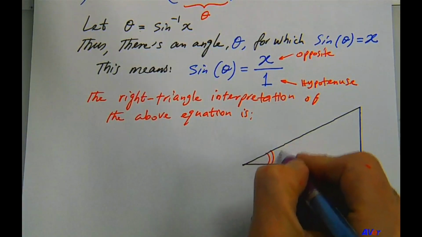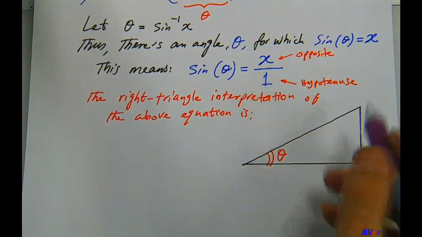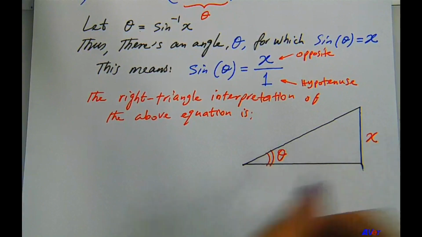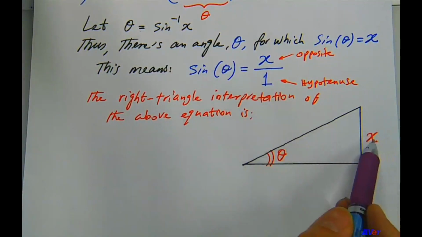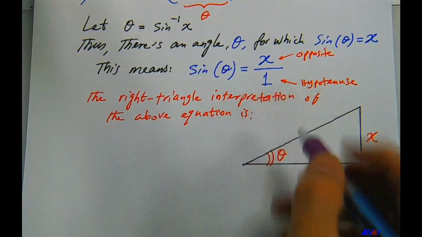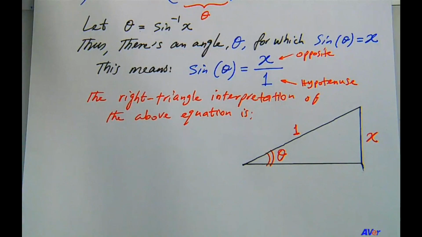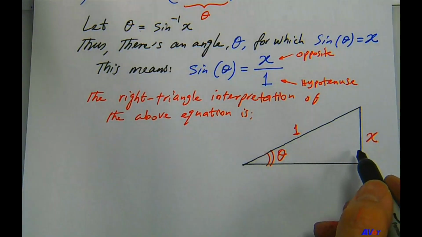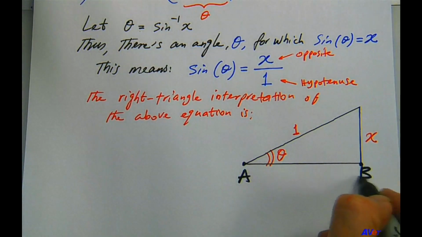So we have, let's take this as the theta, and opposite would be that, so that's x, right? That's opposite. Sine of theta equals x over 1, 1 being the hypotenuse. And the missing side, the side for which we have no length, let's call that AB, like that.